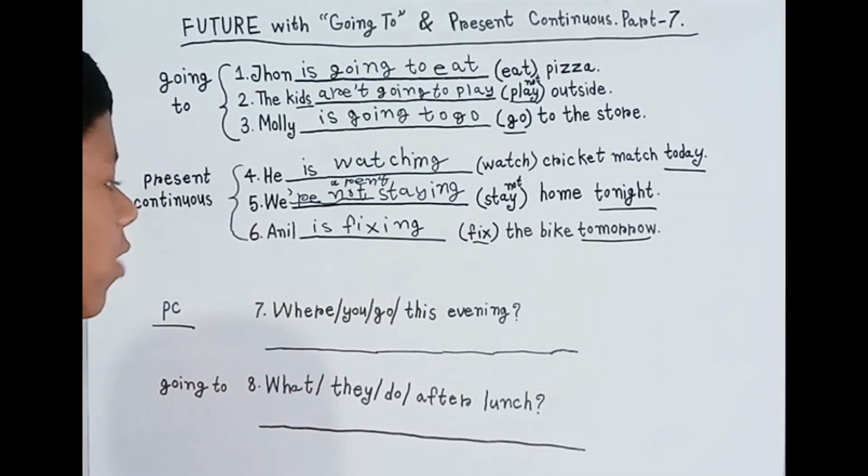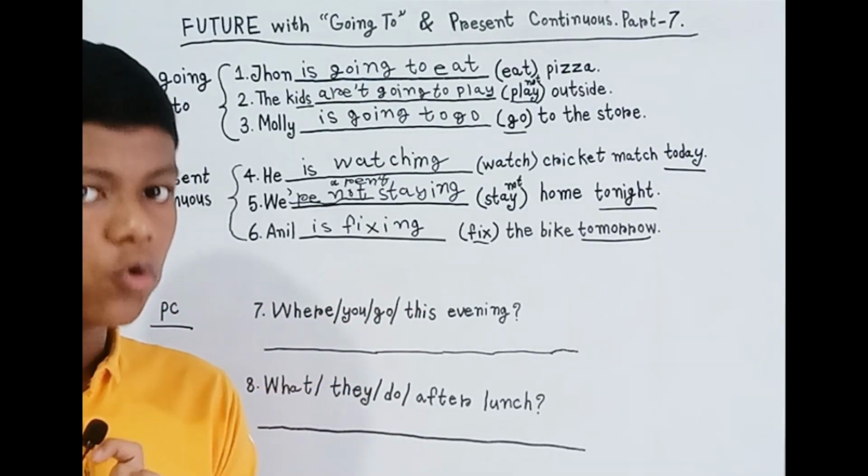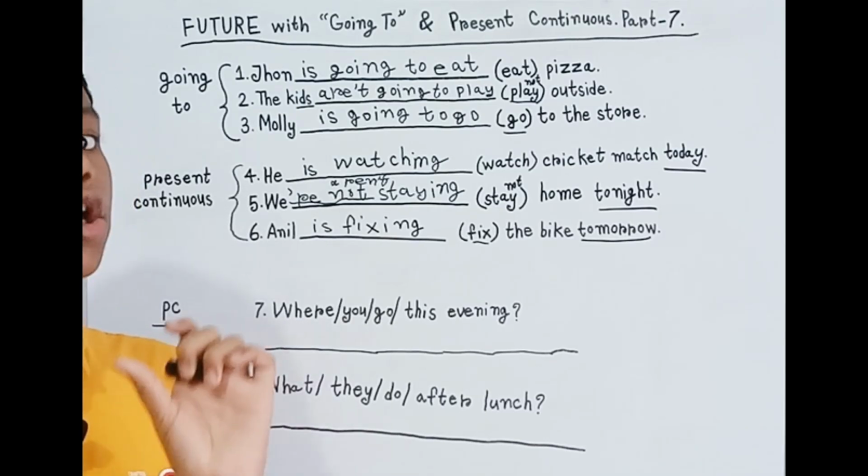So here how can we transform it into the present continuous? Where you go this evening. Okay, so here you have to add what? Where are you.